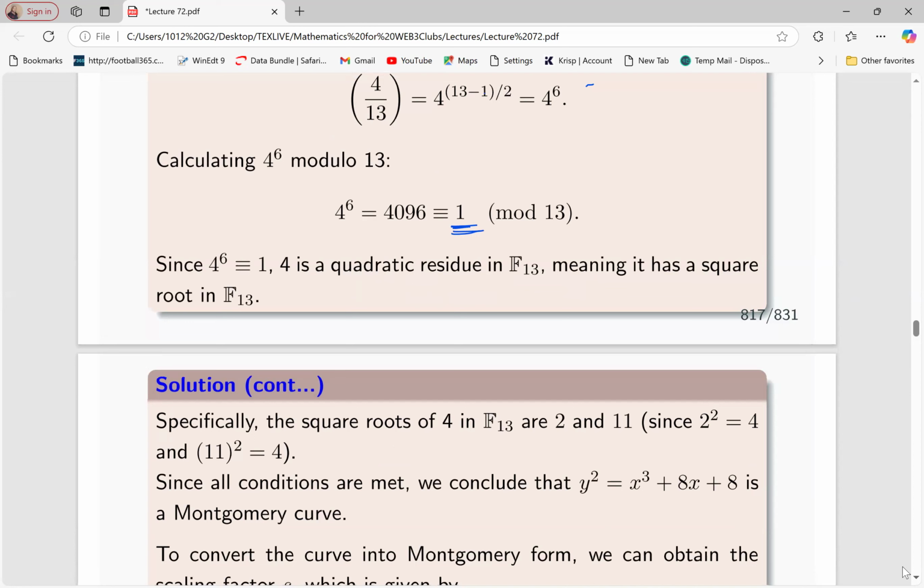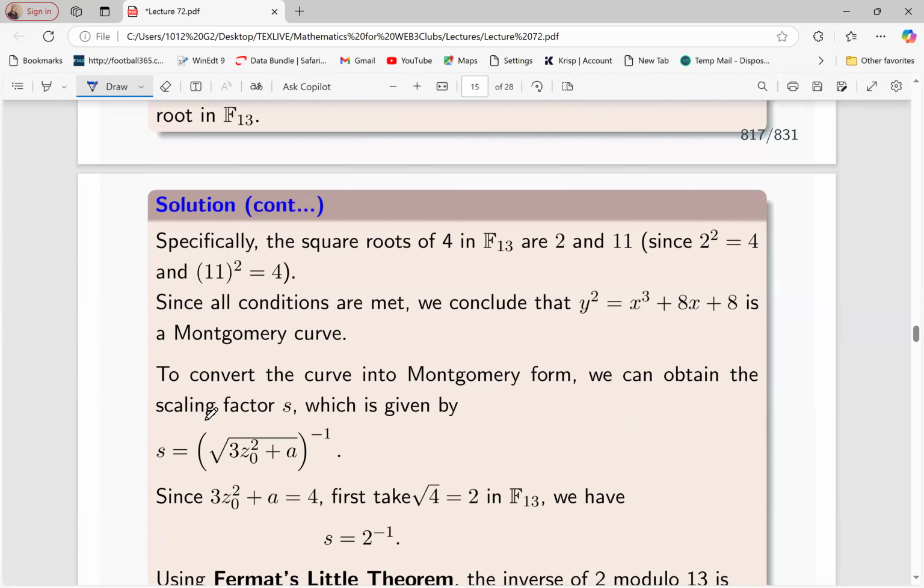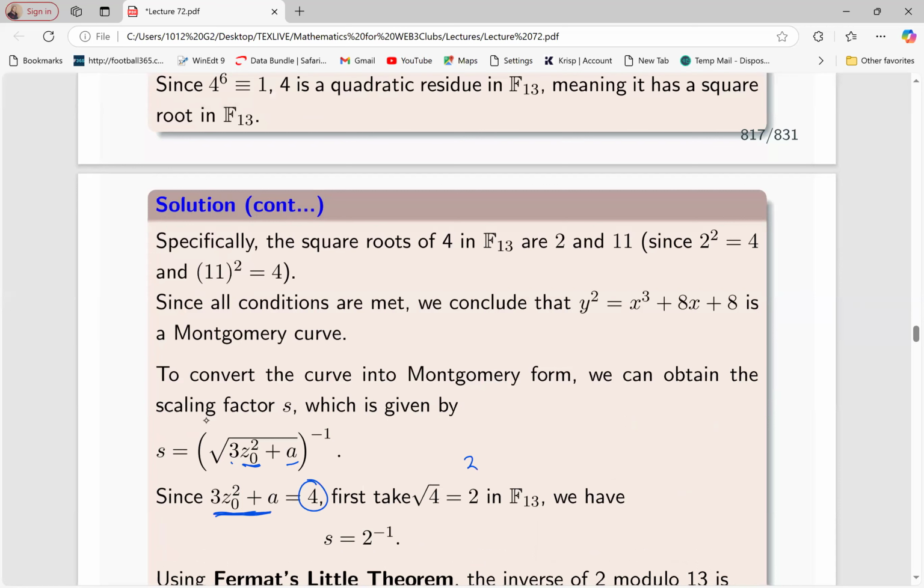Our S is the inverse of the square root of 3 times the root squared plus A. This one we've just done is 4, and the square root is 2 or negative 2. So we have 2 square roots here. In fact, it's 2 and 11.